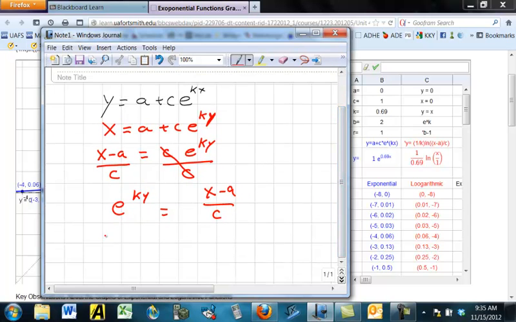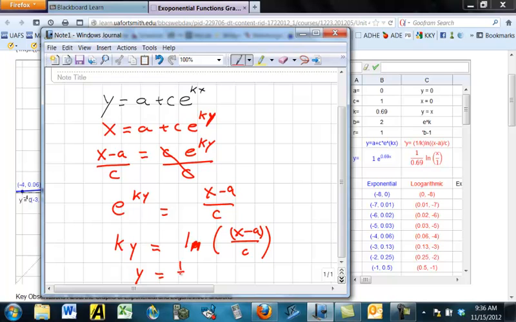Now we take this and rewrite it in logarithmic form. The ky is the power, it is the logarithm. That's ln, which is log base e, of what's on the other side, (x minus a) over c. And then just divide by k.